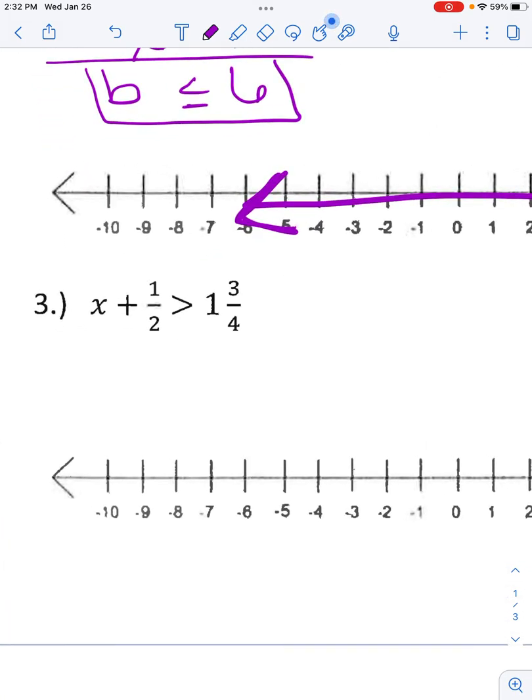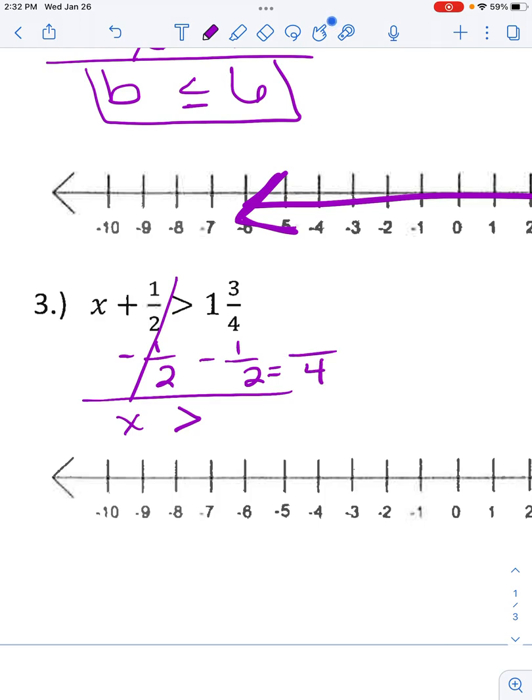Number 3, x plus 1/2. The inverse would be to subtract 1/2 from both sides. Remember that when we are adding or subtracting fractions, we need a common denominator. Now we can subtract. 1 3/4 minus 2/4 would be 1 1/4.